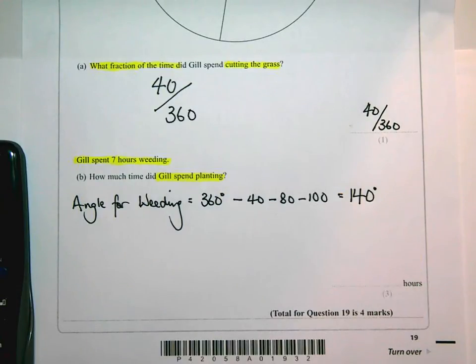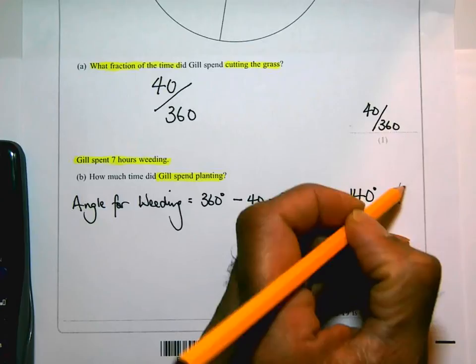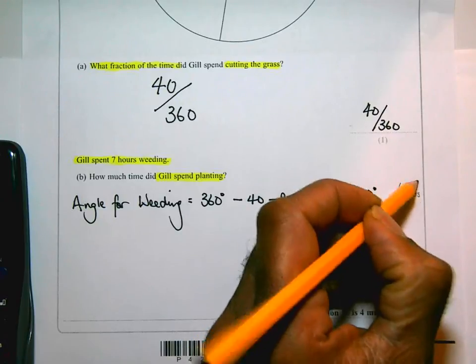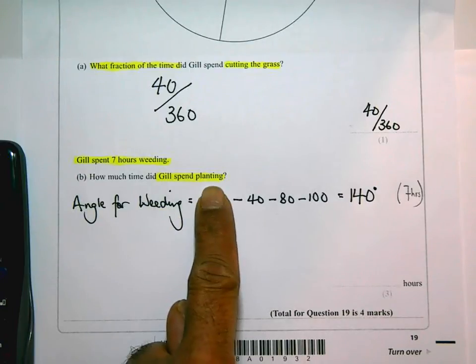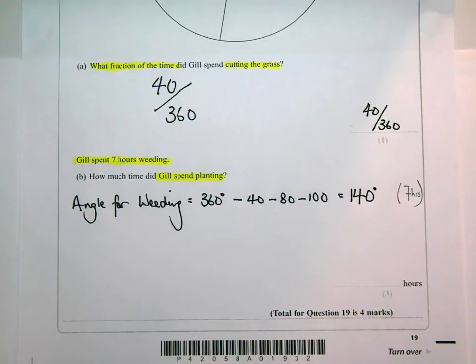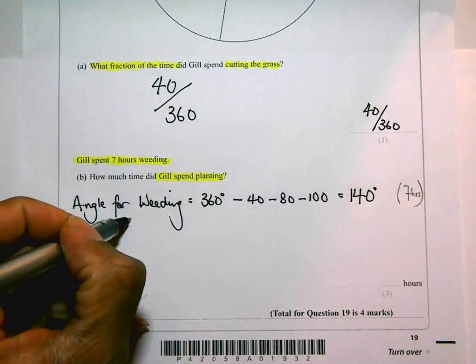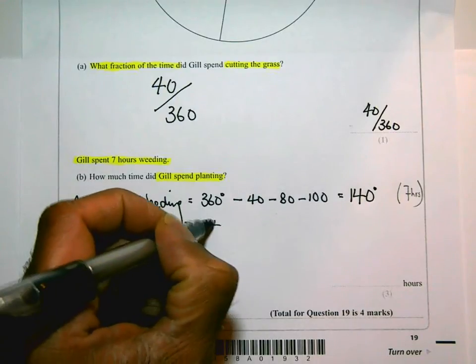Now, weeding, as I said, Jill spent 7 hours. 7 hours weeding. What they want to know is how much time did she spend planting. Okay, so I need to use proportions here. 7 hours stands for 140 degrees.